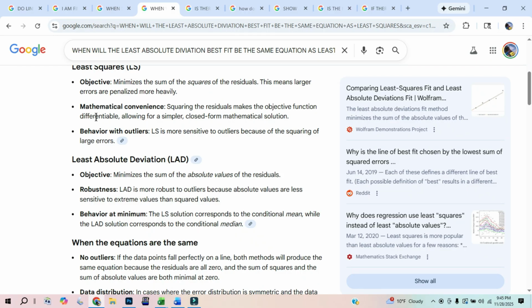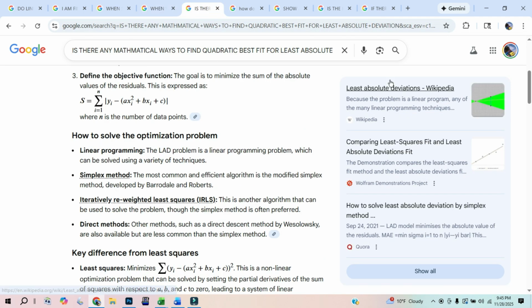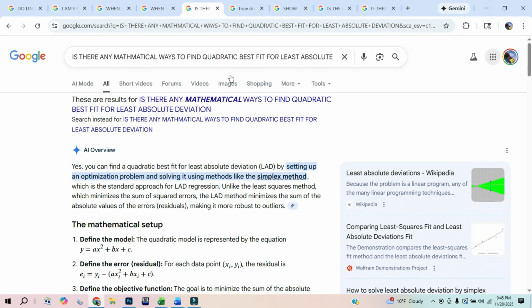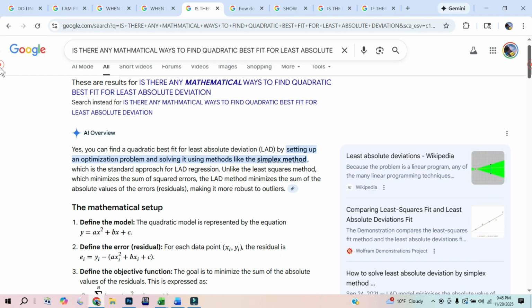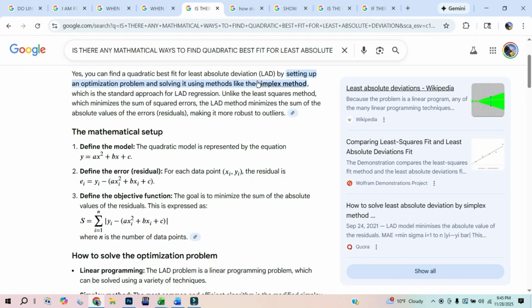You get a closed form mathematical solution using linear algebra. That's what we did. But this one, I don't know how to do. But this is the setup: yes, you can set up a quadratic best fit for least absolute deviation by setting up an optimization problem and solving it using methods like the simplex method.